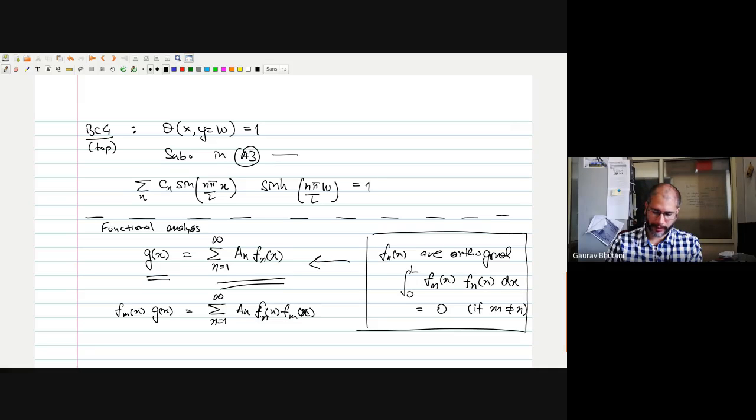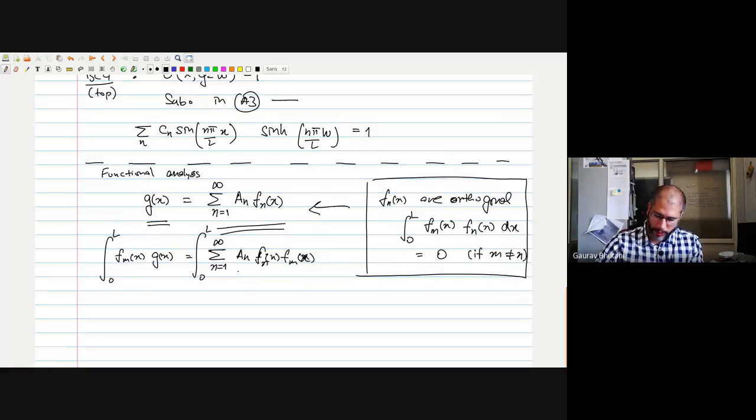It can go inside the integral, so integrate this from 0 to L, and the right-hand side also integrates from 0 to L. Now on the right-hand side I can take the summation out, because the summation is over n, and a_n can also be taken out. Then we have the integral from 0 to L of f_n(x) and f_m(x).